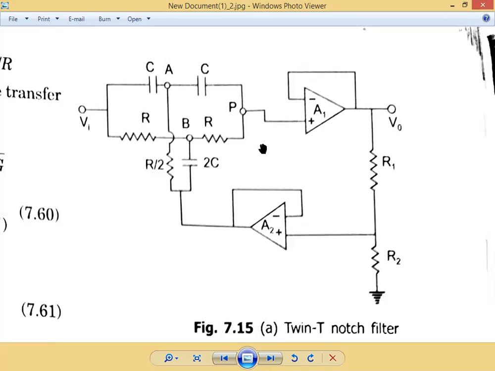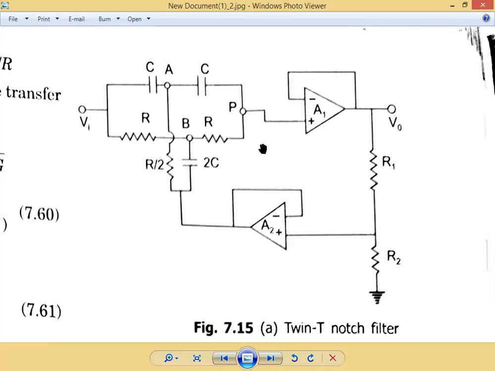in which the quality factor and bandwidth will be given by, if you are going to write here, you can observe different nodes.